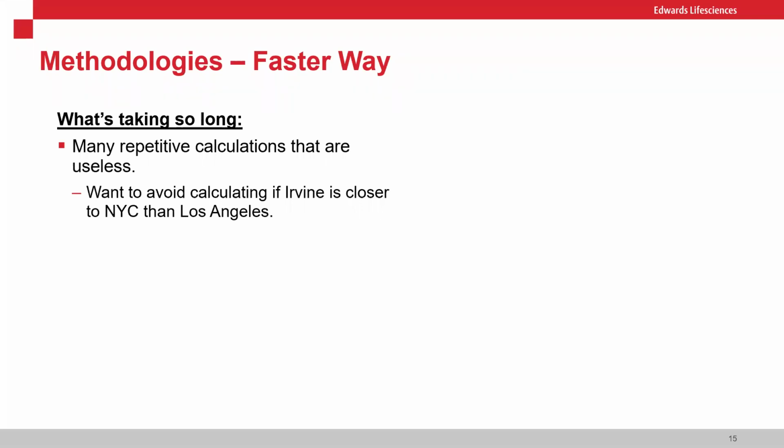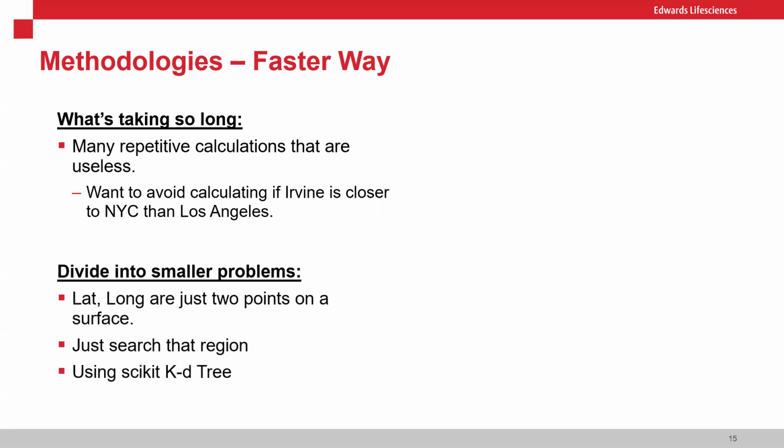What it came down to is that we're going to take the surface space, because when you think about it, lat long is just two points on a surface, so we can cluster things together. There's a library in Scikit called KD trees, and basically it's a nearest neighbor calculation.